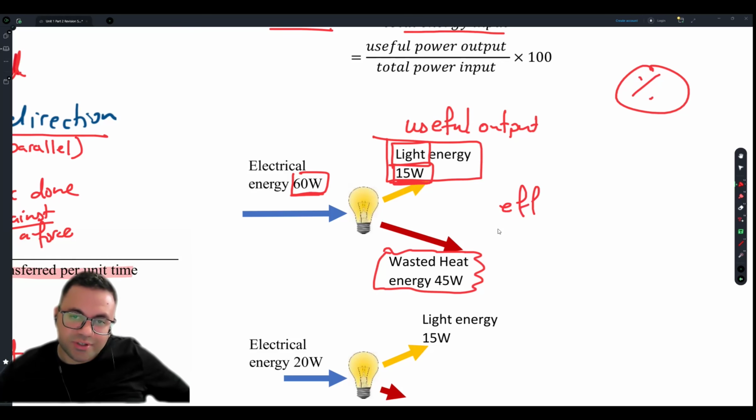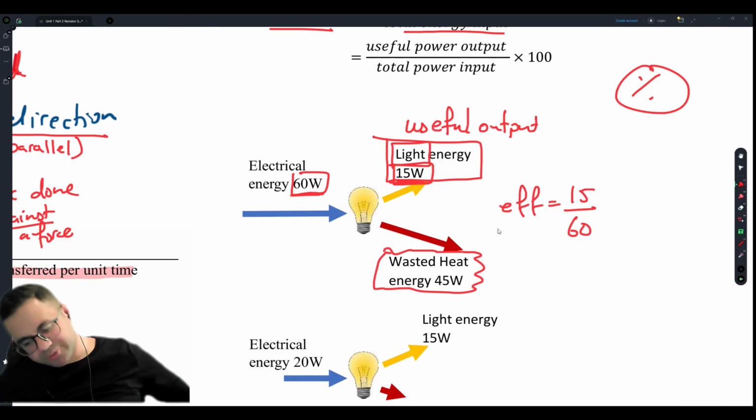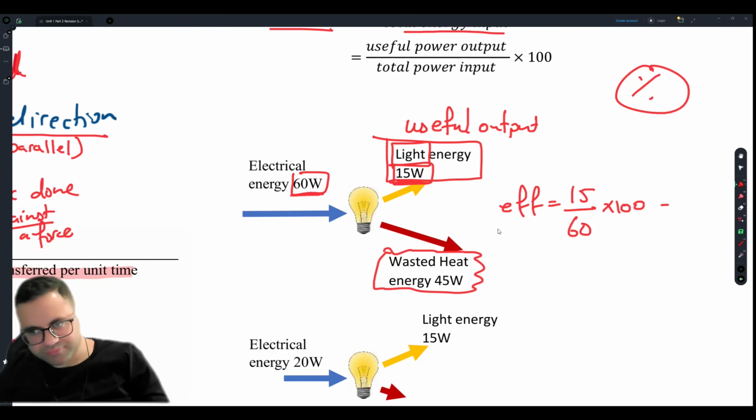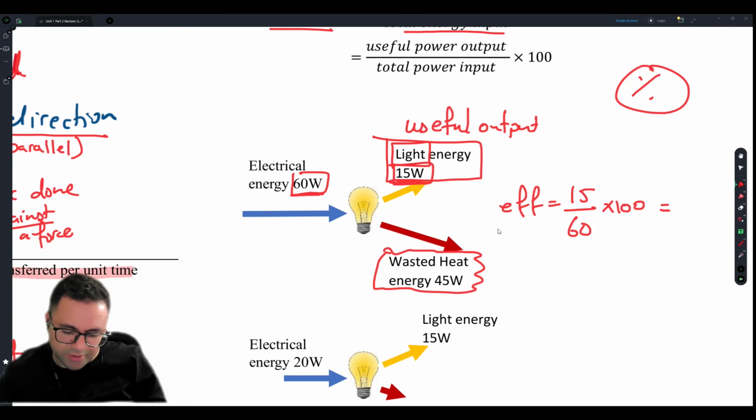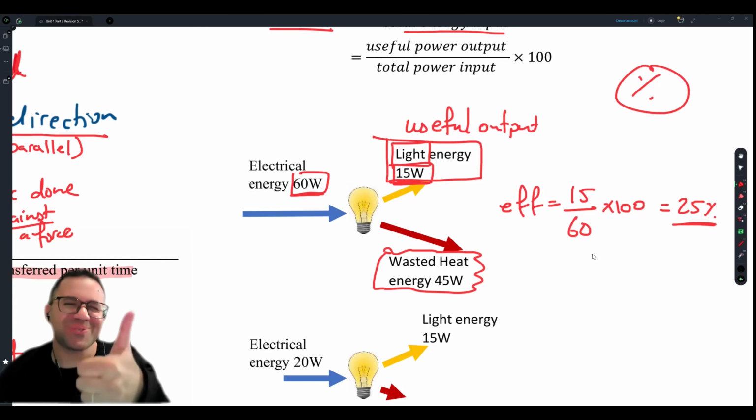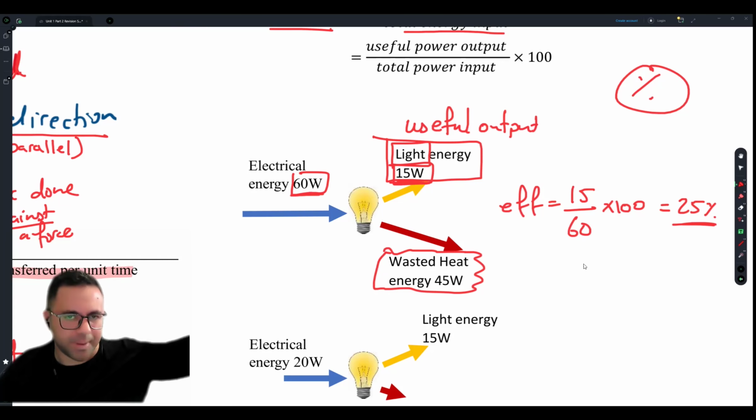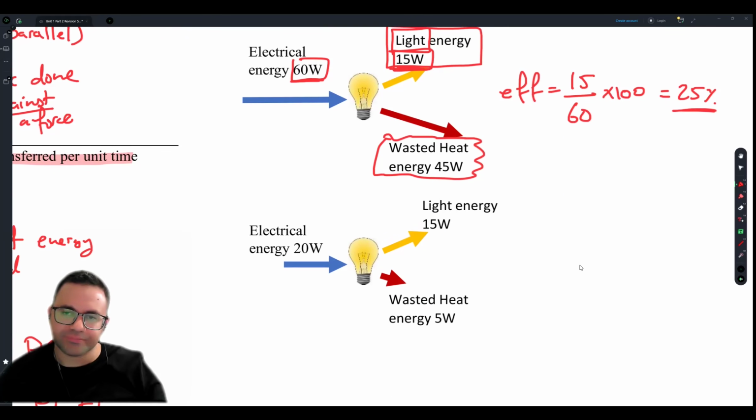It's 15, which is the useful, divided by 60, which is the total, times 100. This is a really crappy light bulb. 25% efficiency. 25% of the power was usefully transferred. The rest was wasted.